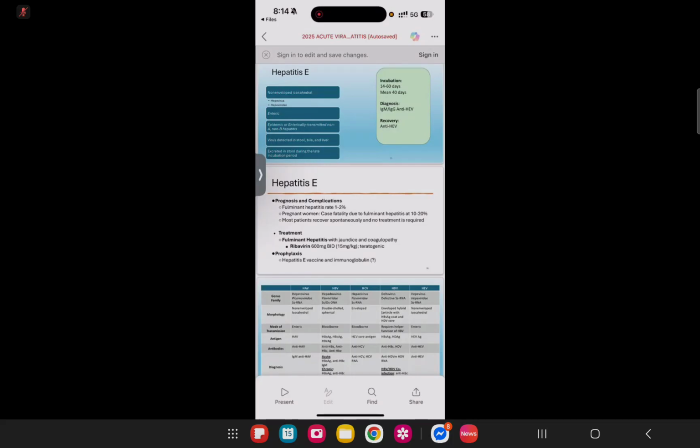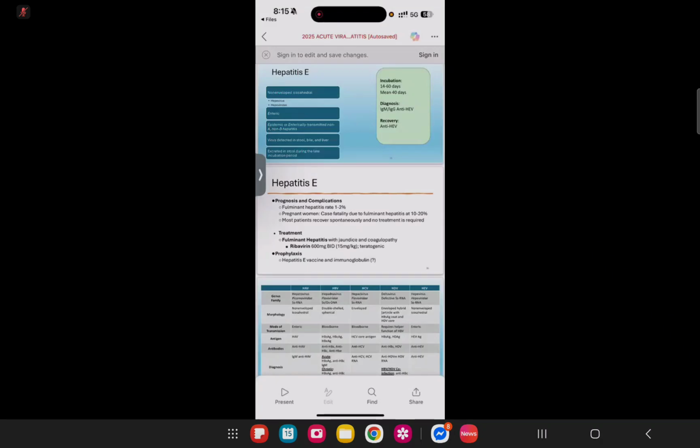For the prognosis, most patients have an excellent prognosis. Fulminant hepatitis may occur, but in just about 1 to 2% of cases. However, as I said earlier, in pregnant women, especially during the third trimester, the case fatality can reach up to 10 to 20% due to massive hepatic necrosis.